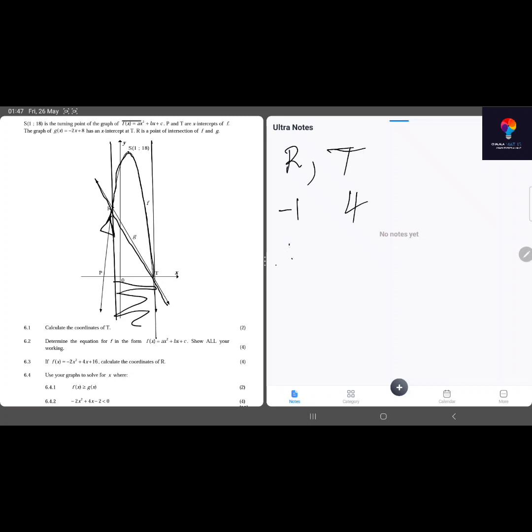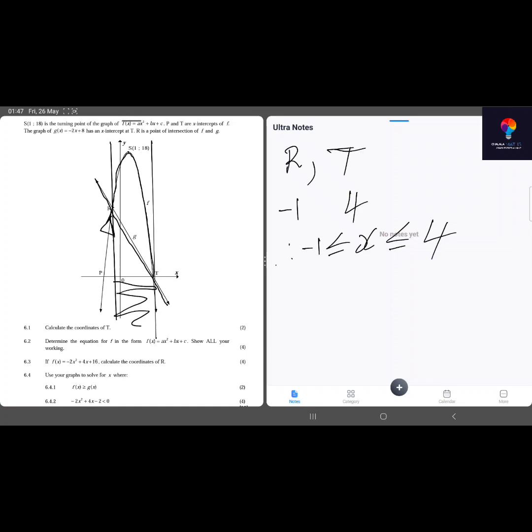Therefore, the value of x, whereby f of x is going to be greater than or equal to g of x, is going to be: x is greater than or equal to minus 1, or x is less than 4.